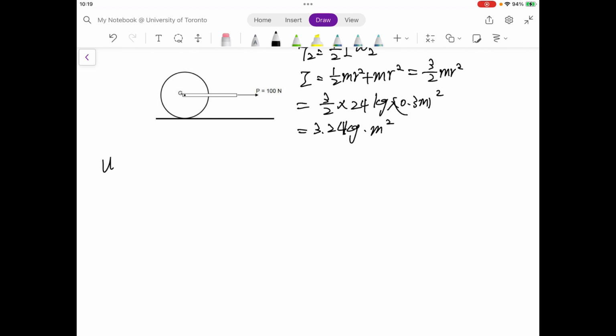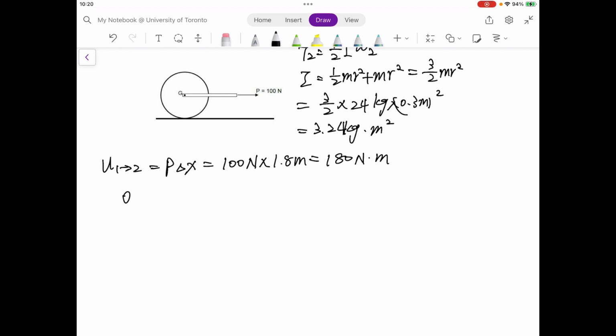And the work done by the force is equal to P delta x. The P is 100 Newton. Delta x is 1.8 meter. This is equal to 180 Newton times meter.